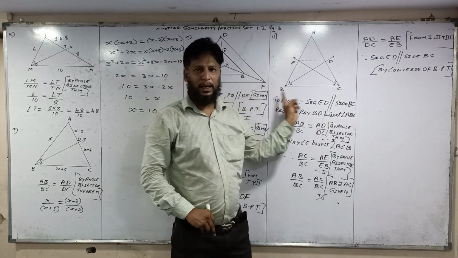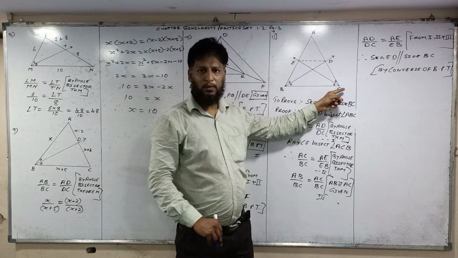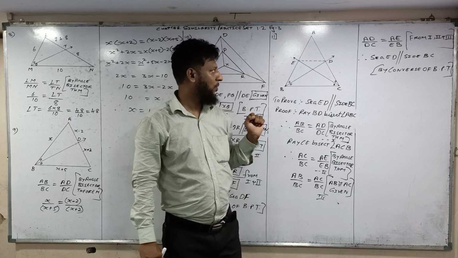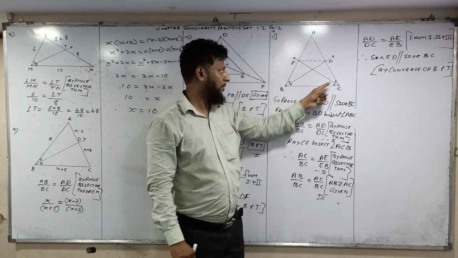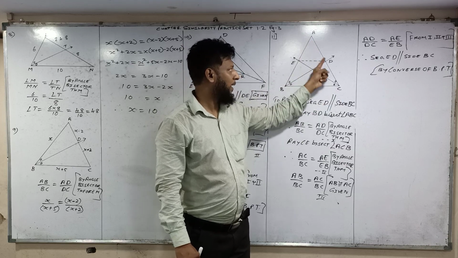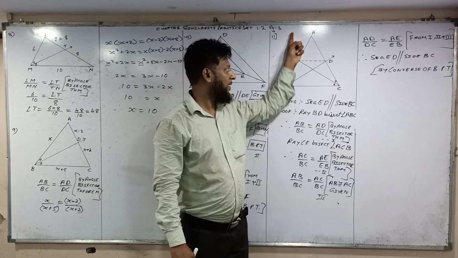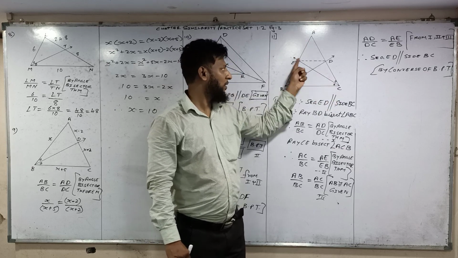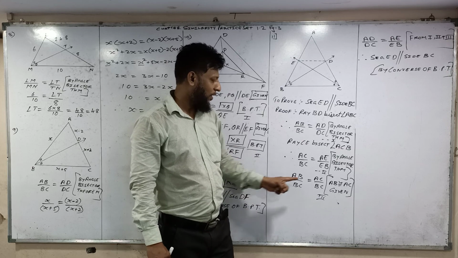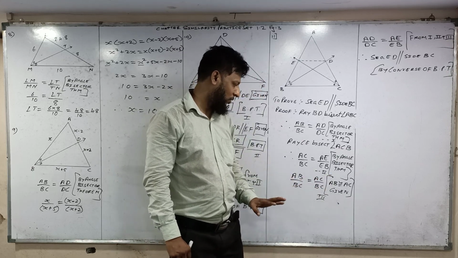Again, draw the diagram, triangle ABC. This is the bisector of angle ABC, and CE is the bisector of angle ACB. Then AB upon BC equal to AD upon DC by angle bisector theorem, and AC upon BC is equal to AE upon EB by angle bisector theorem. Now AB congruent to AC, so AB equal to AC and BC equal to BC.